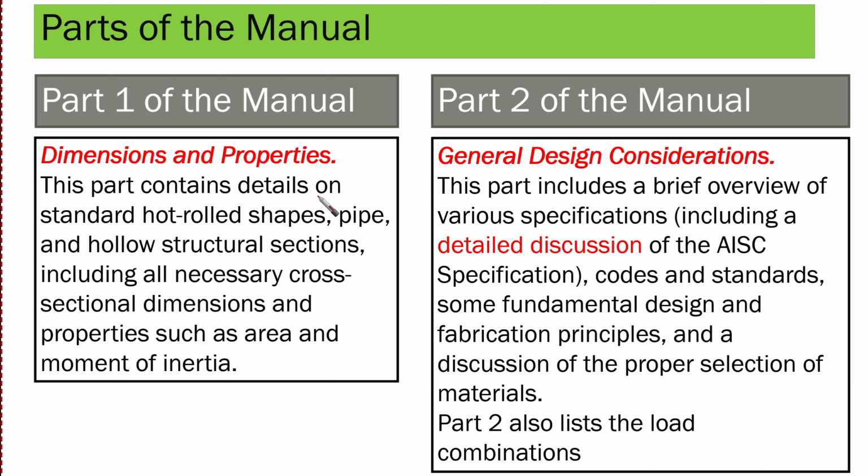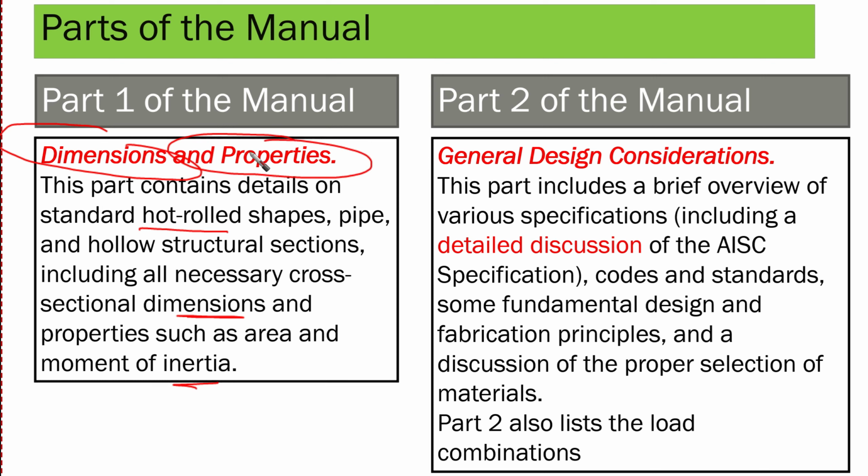This part contains details on standard hot rolled shapes, pipe, and hollow structural sections, HSS, including all necessary cross-sectional dimensions and properties such as area and moment of inertia. So from its title, this part deals with the dimensions and properties.